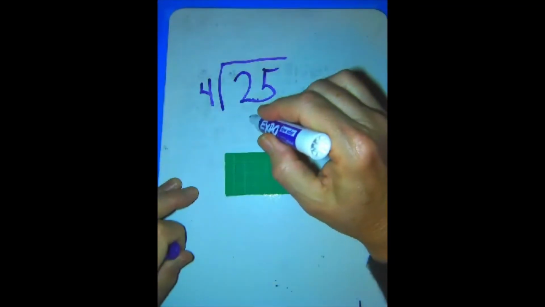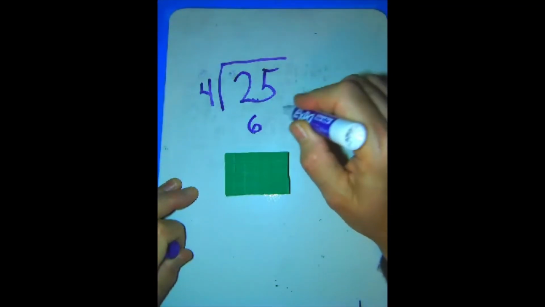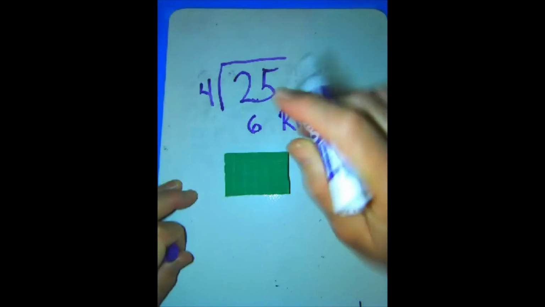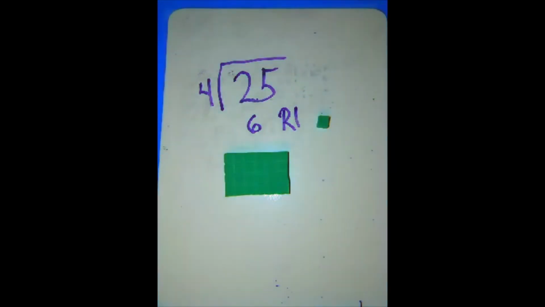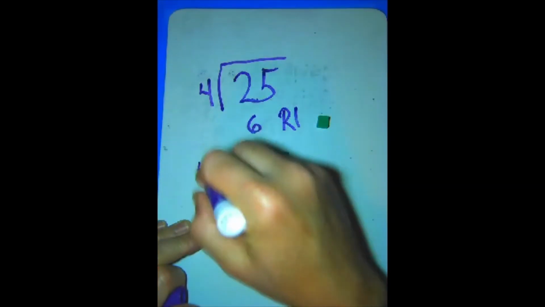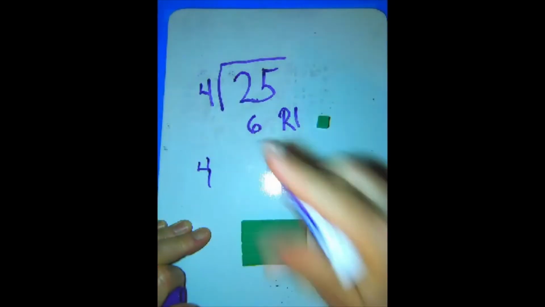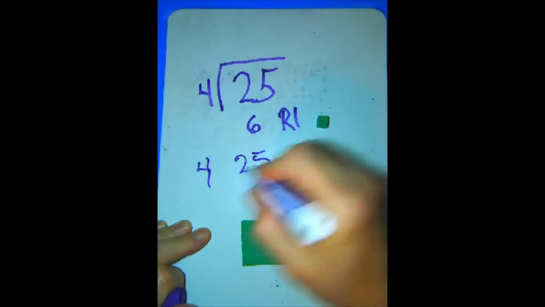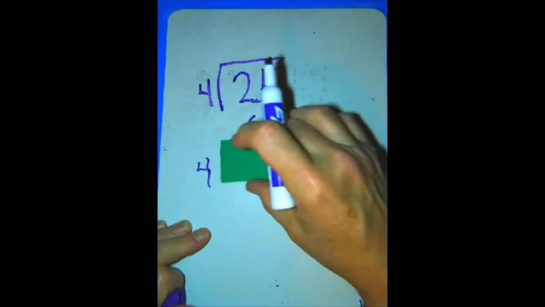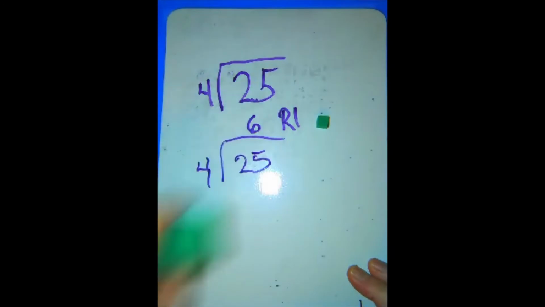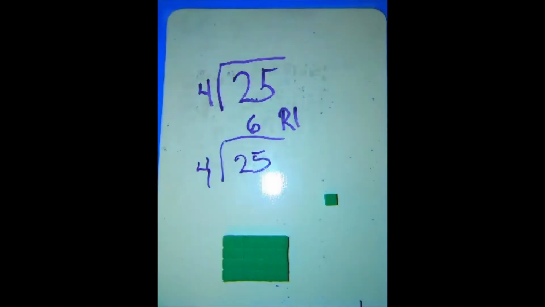So this shows that it's 6, and there's our remainder of 1, because that 1 just doesn't fit. We did the best we could, but when we take our 4 and we put it into the 25, we can take care of 24 of them like this, and we can take care of 1 by just keeping track of it as a separate remainder.